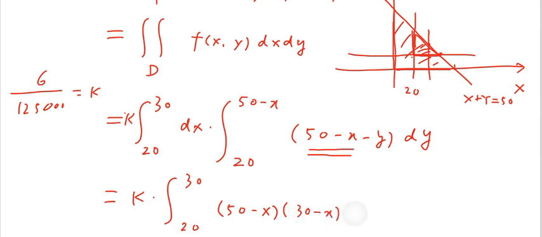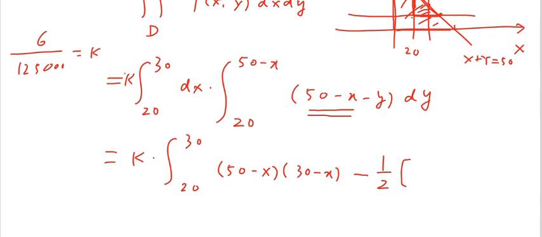Then minus, y dy is half y square, right? So this equals 50 minus x square minus 20 square, and then the integration with respect to x.